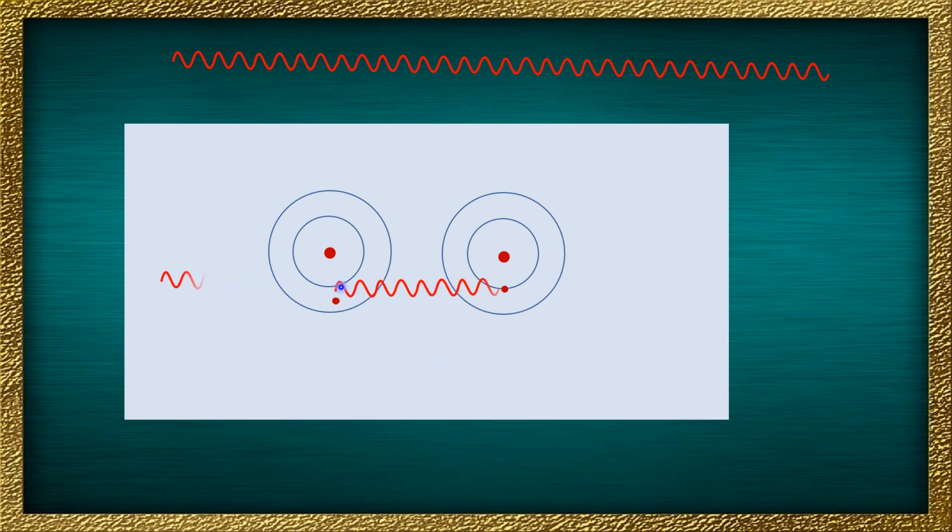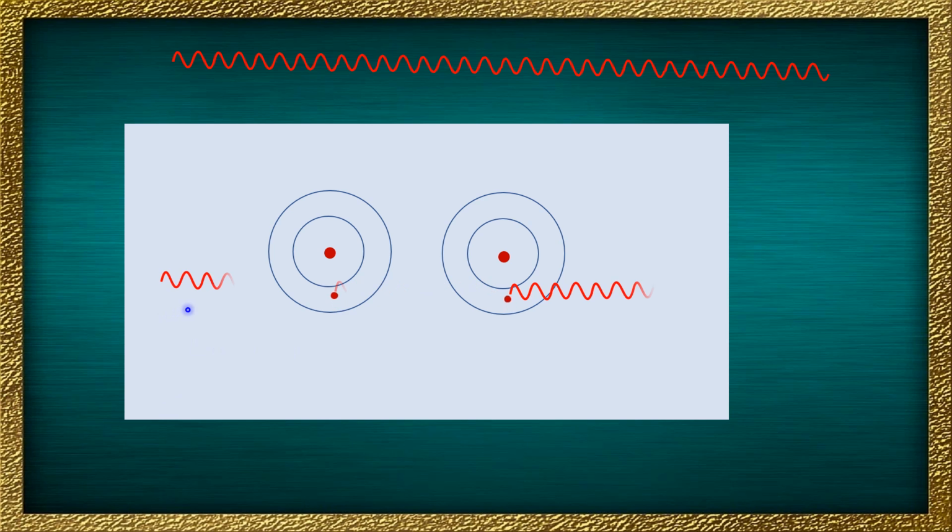See here, this vibrating electron is re-emitting the same frequency of light, and that light will travel through the interatomic gap, interatomic vacuum, and again this energy will be absorbed by the next atom. Again, that electron also vibrates, and this electron absorbs and re-emits the same frequency of light.